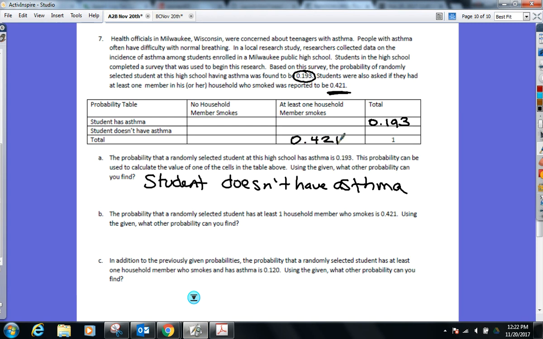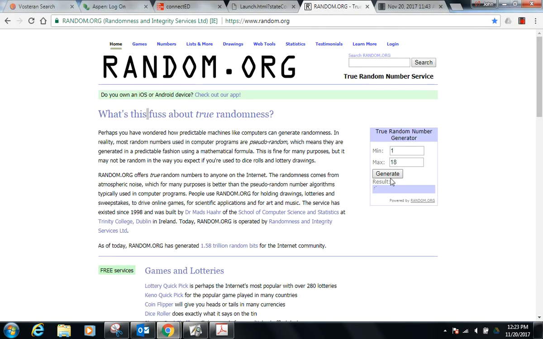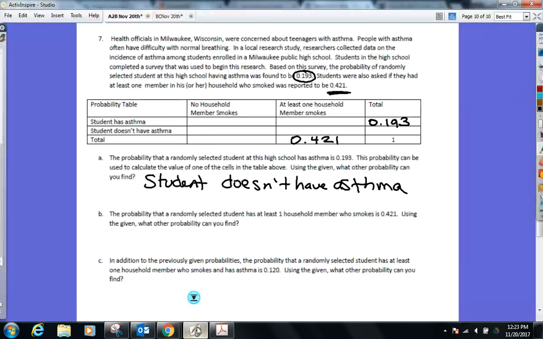Now, knowing that, again, you don't know the 0.193. Just knowing the 0.421, what other probability can you locate up here? What other probability? So no smokers in the house. Yep, total no smokers in the house.